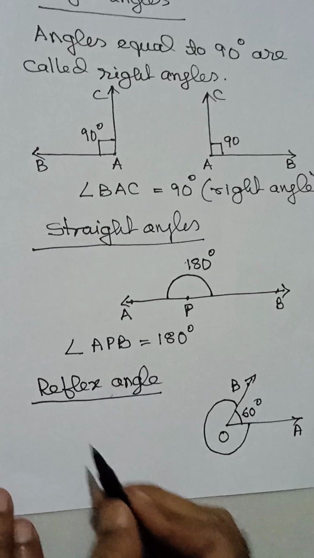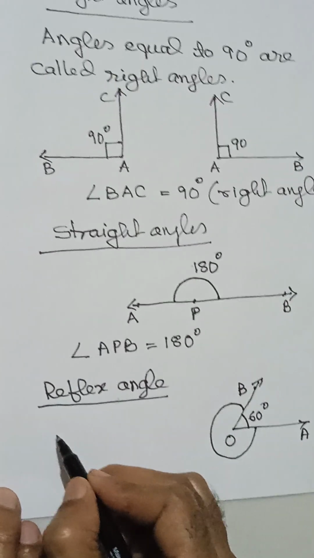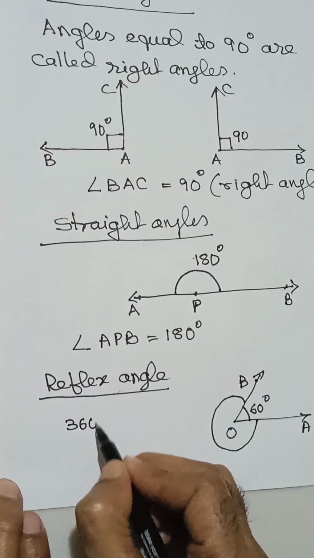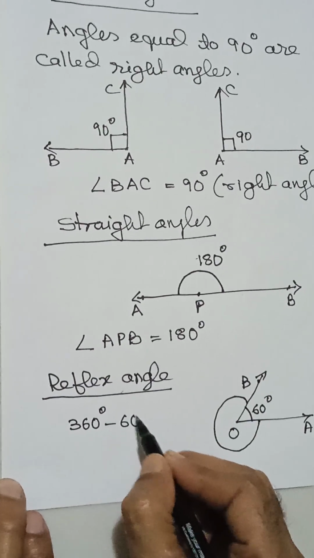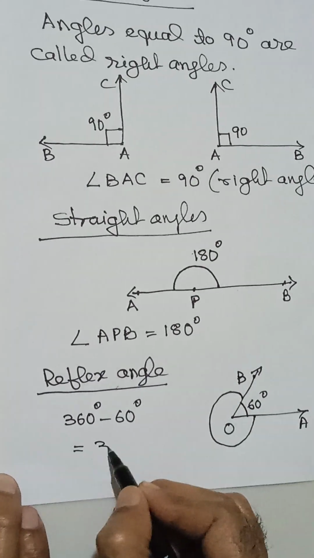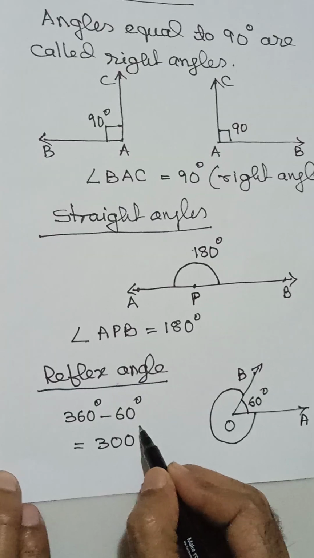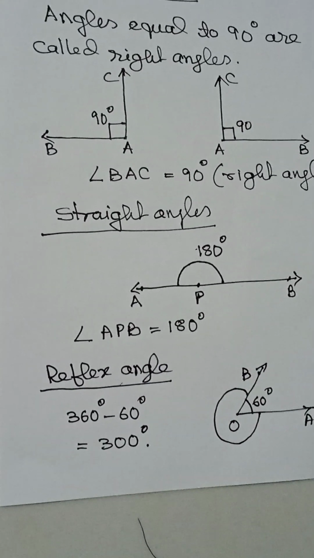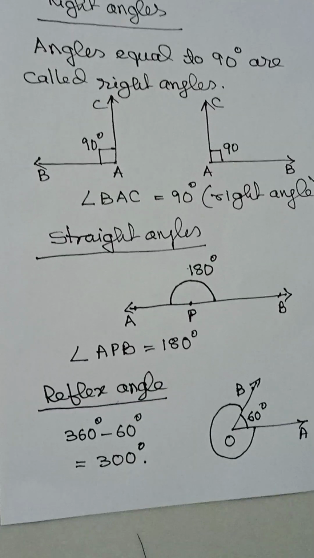So the reflex angle will be 360 degrees minus 60 degrees, which will be 300 degrees.